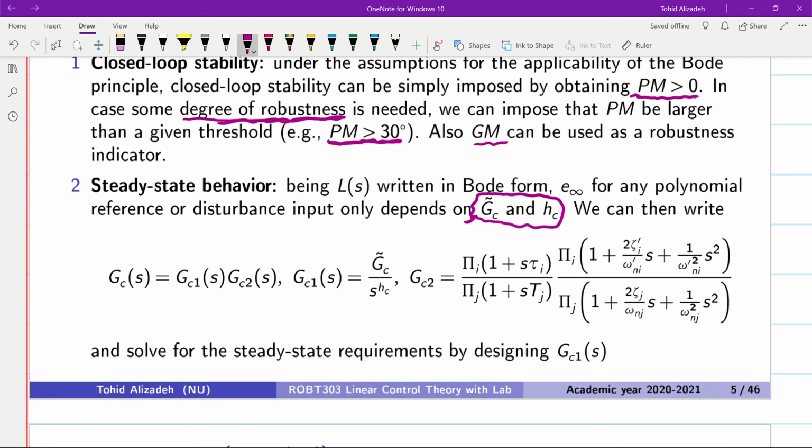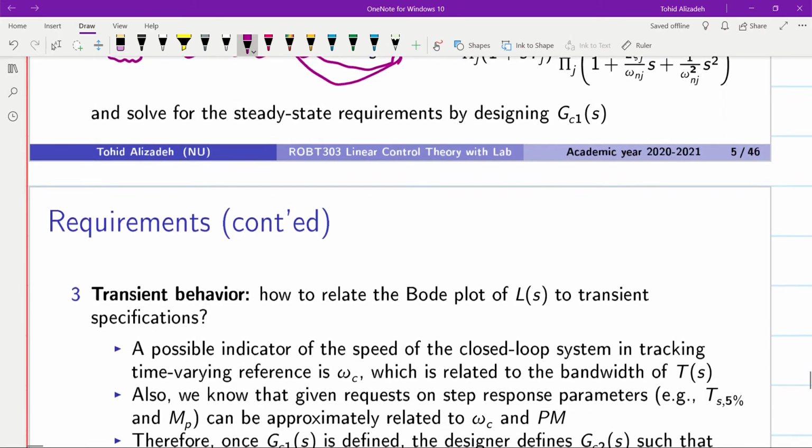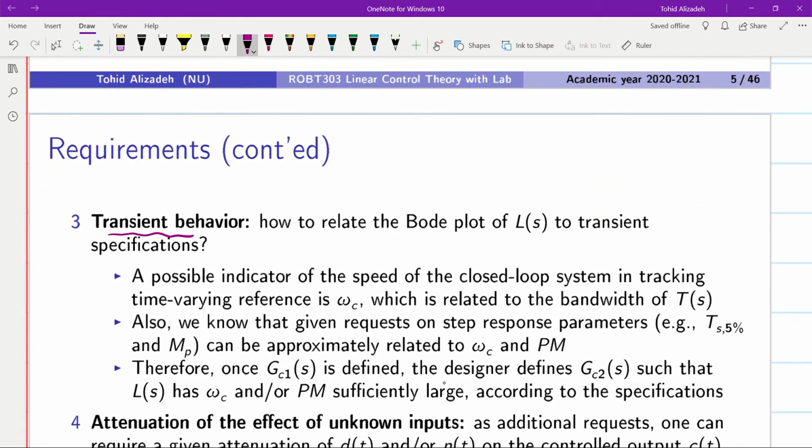Having that in mind, we can decompose the controller GC into 2 parts, GC1 times GC2, where GC1 is composed of the generalized gain over S to the power of HC, and GC2 includes the poles and zeros of the controller. And now we see that for the steady state behavior, only GC1 would be responsible, and if you have a requirement in terms of the steady state behavior, we will focus on designing the GC1 part. The GC2 part will be used for the transient behavior.